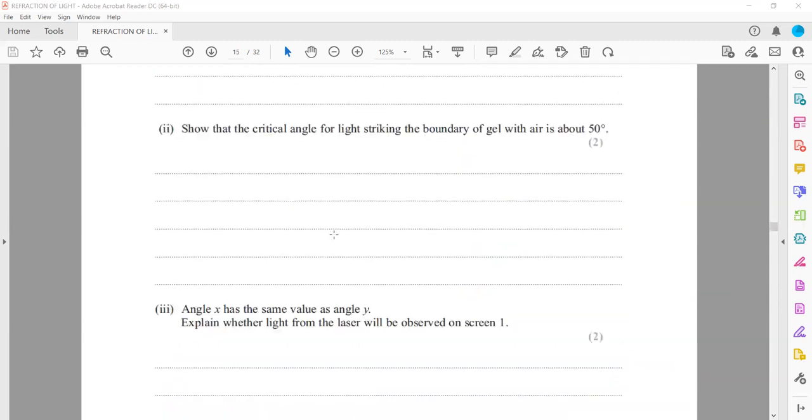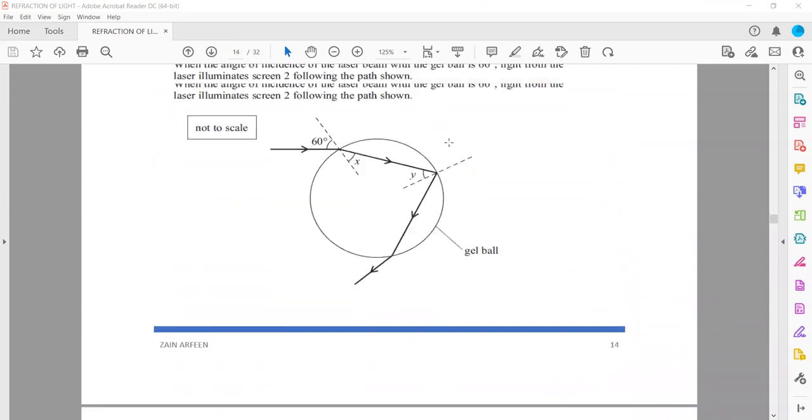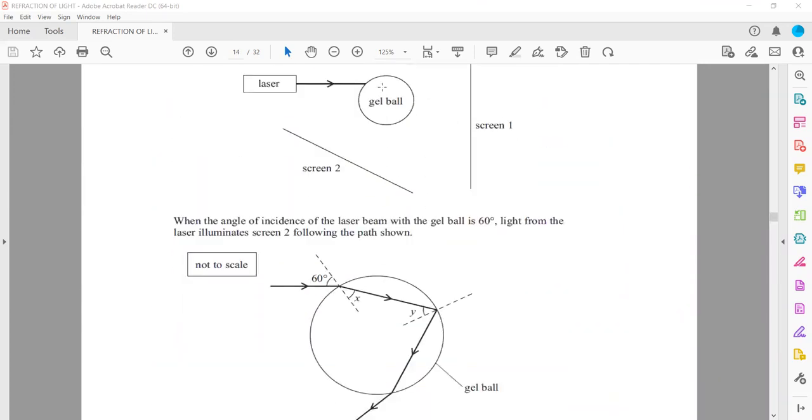The next part says the angle X has the same value as angle Y. Will the light from the laser be observed on screen 1? On screen 1, if there is total internal reflection, we cannot see anything. But if there is simple refraction, as this angle is less than the critical angle, as they mentioned, angle X is equal to angle Y. Angle X was 40.6, it is about 41.